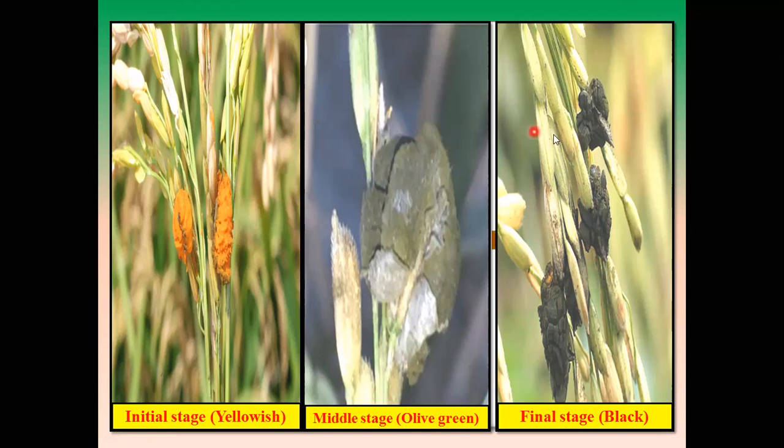So this type of pathogen develops the symptoms after the flowering stage in rice. Okay, so this is the symptom of the false smut disease in rice.